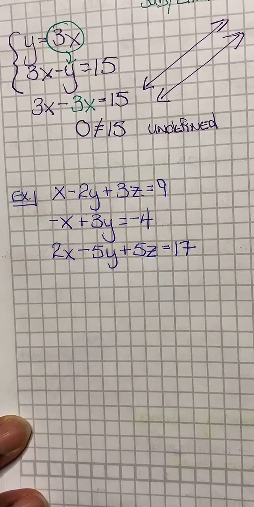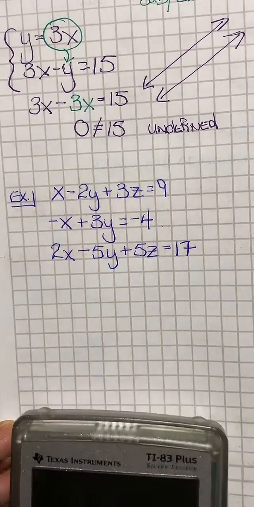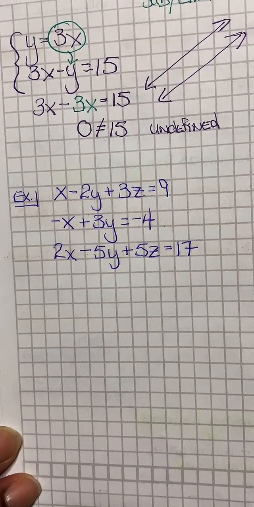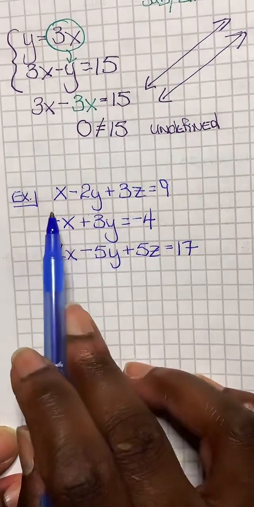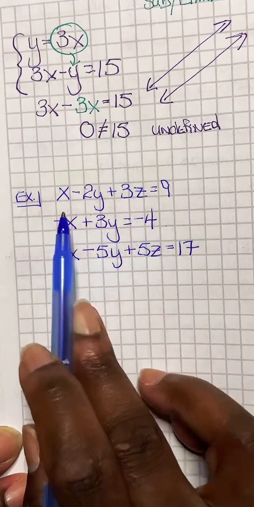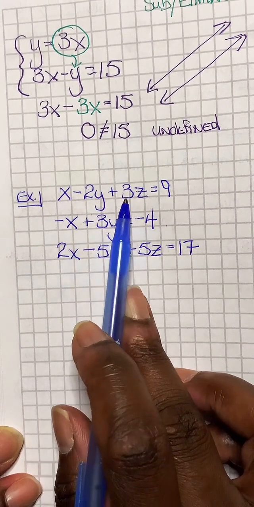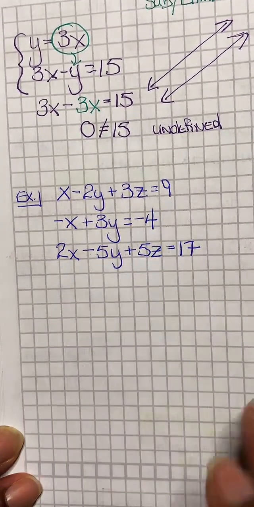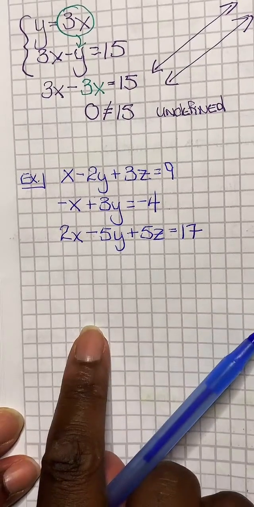So, again, we're going to use a matrix. What we do is we take the coefficients of each of the variables as well as what it equals. I'm going to put it underneath so you can see what I'm doing.